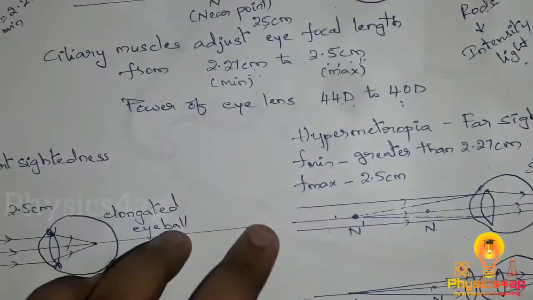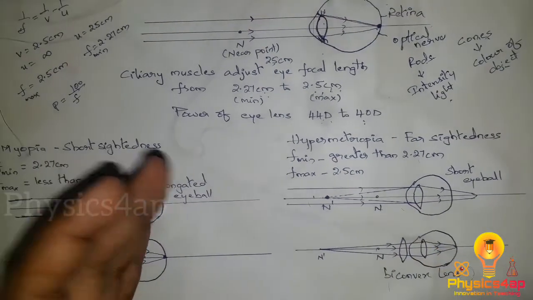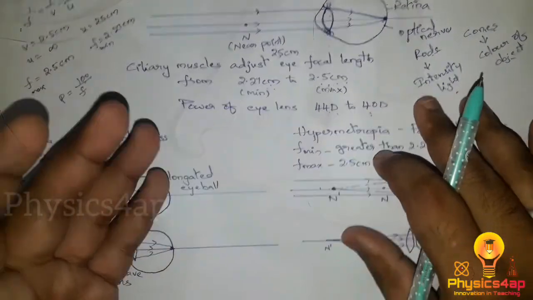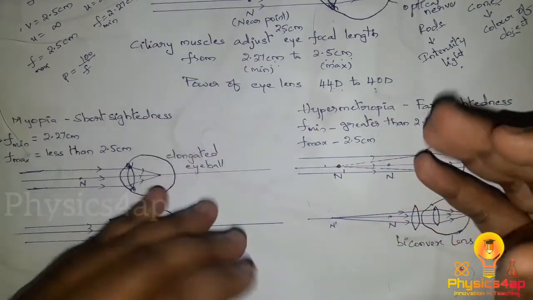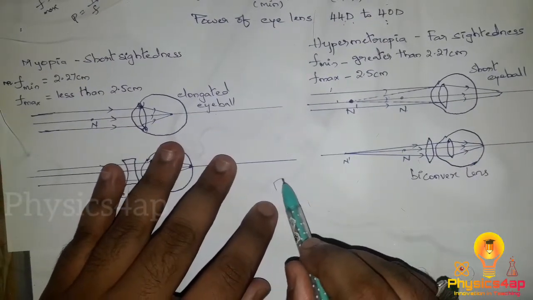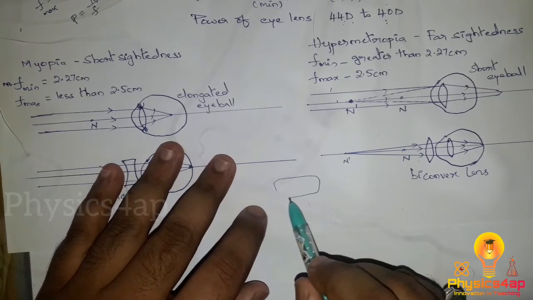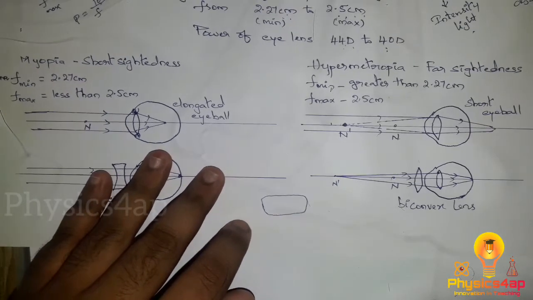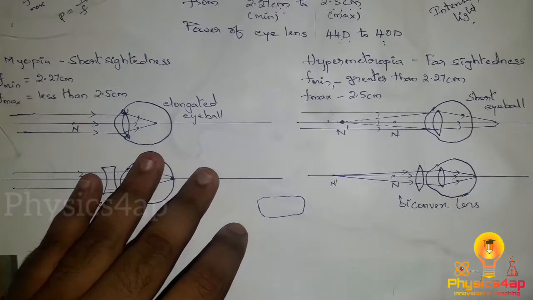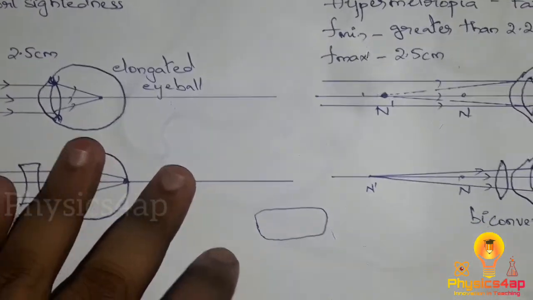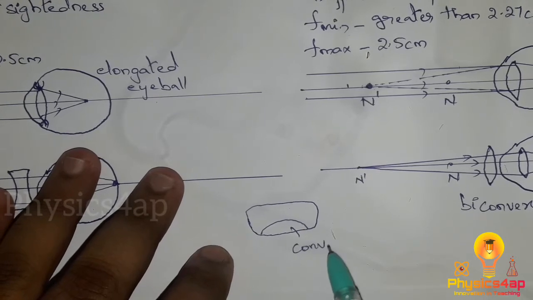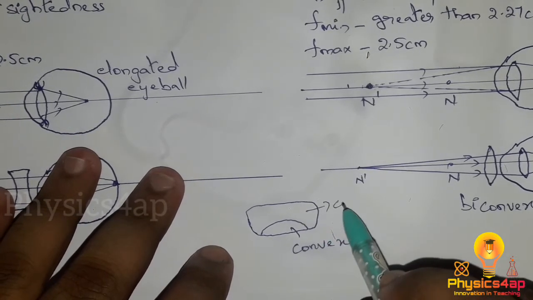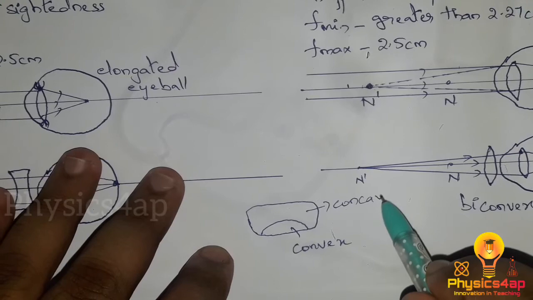Coming to presbyopia, as we have seen, it is for old age persons. They use a concave-convex lens, that is, both concave and convex lenses. So they have a lens like this: here we have a convex lens for them, and here we have a concave lens for them.